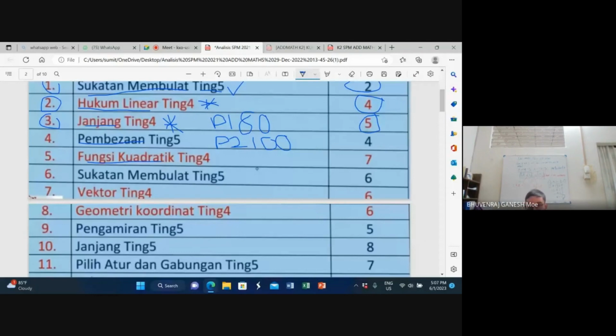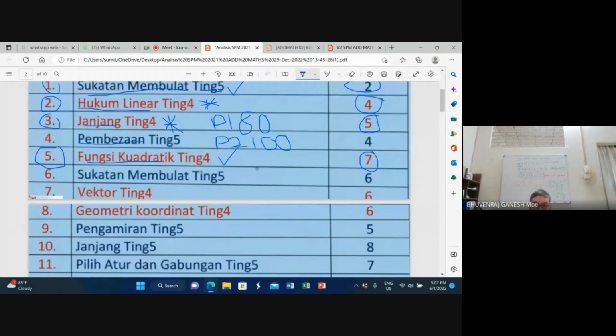Quadratic function is Form 4, chapter 2. It carried 7 marks. I think okay also.